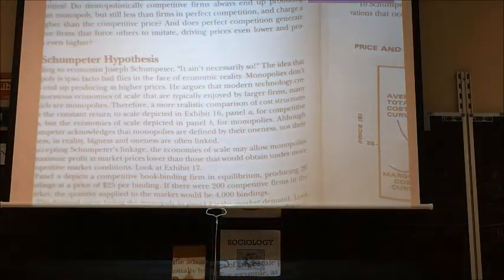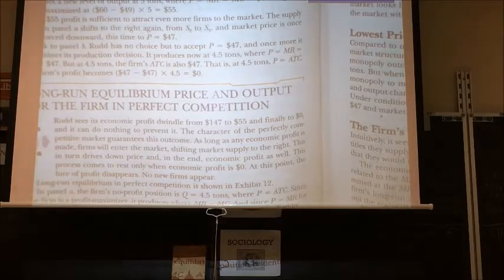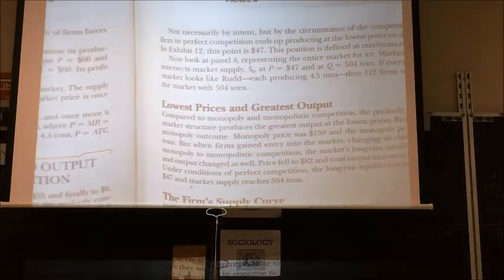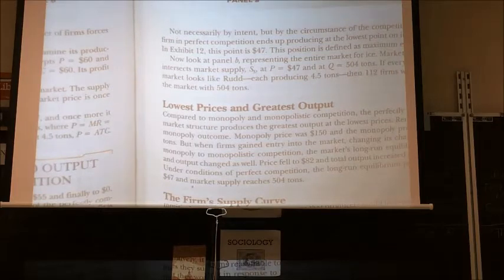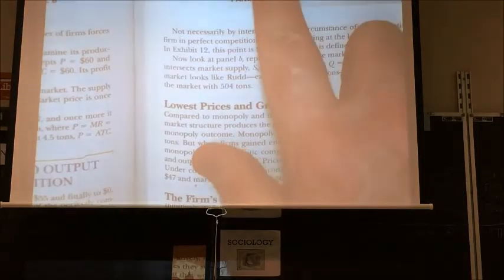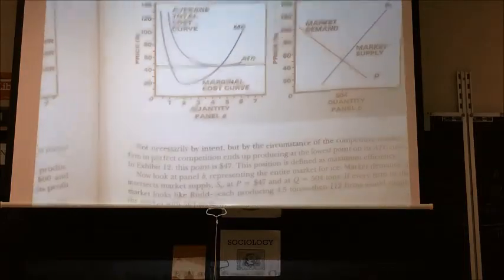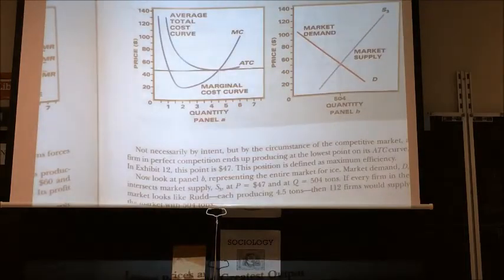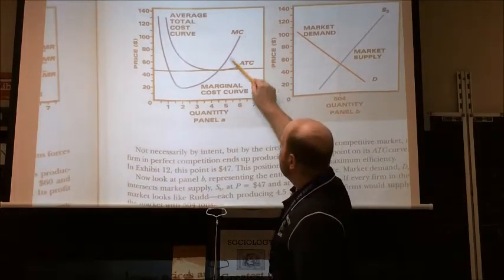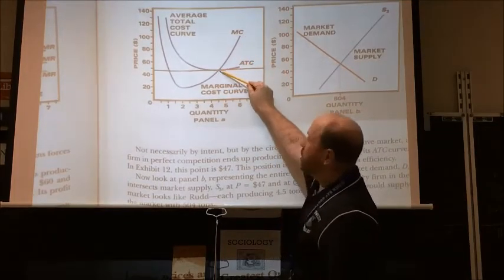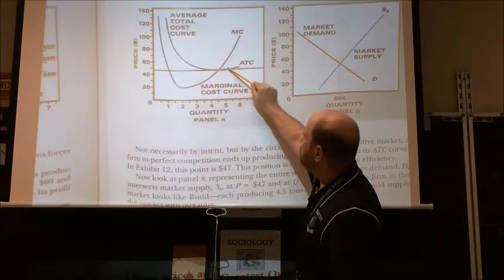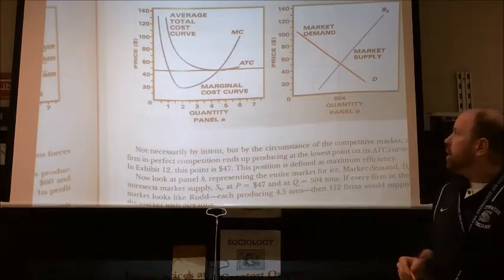Let's see if I can pull this up here. So in pure competition or perfect competition, where MR equals MC right here, in the long run, you're going to end up in this place right here, which is also the minimum for the average total cost curve.